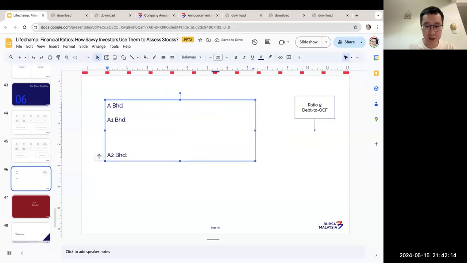A Berhad owns 100% of A1 Berhad. A Berhad owns about 80% of A2 Berhad.